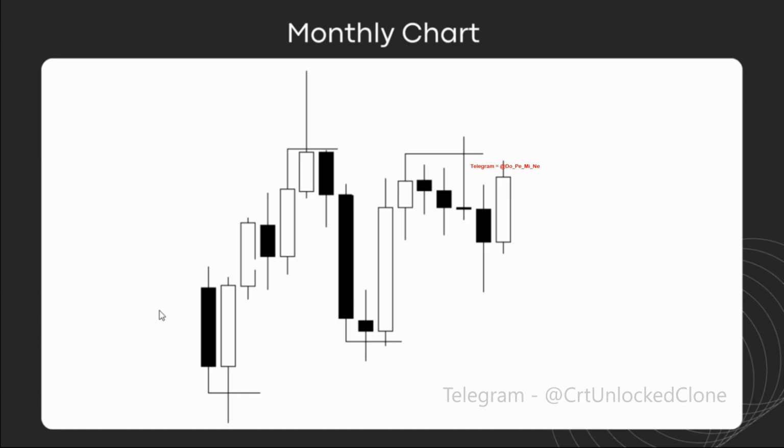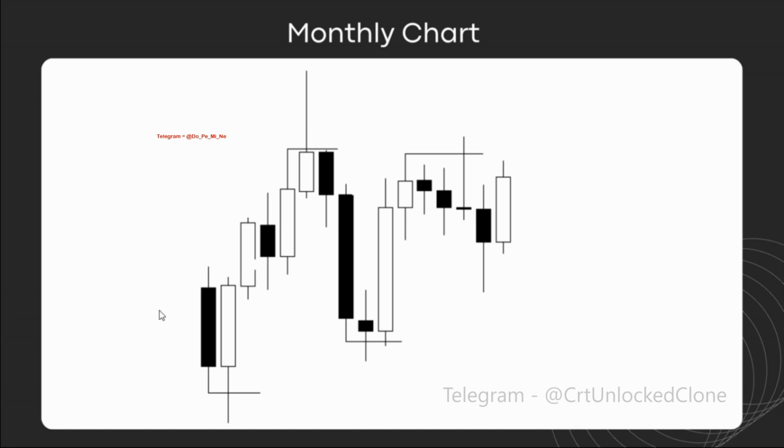For example, if you find an intraday setup or a short-term setup in the direction of the monthly directional bias, then you could regard that setup as an A plus setup or a high probability setup. But if it's in the counter direction, you could comparatively regard that setup as a B setup or a lower probability setup, and you could then still trade that setup, but you're gonna just manage your risk on that particular trade accordingly, right? That's exactly how I manage my risk on my intraday setups too.